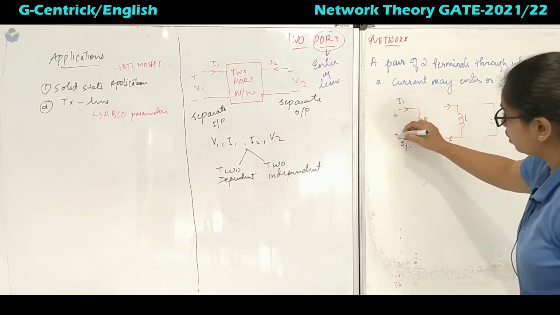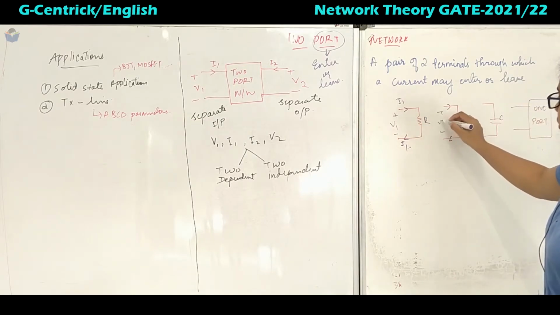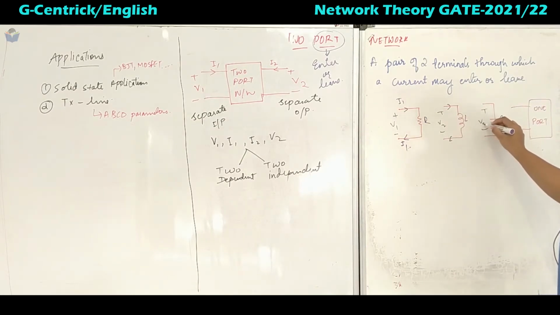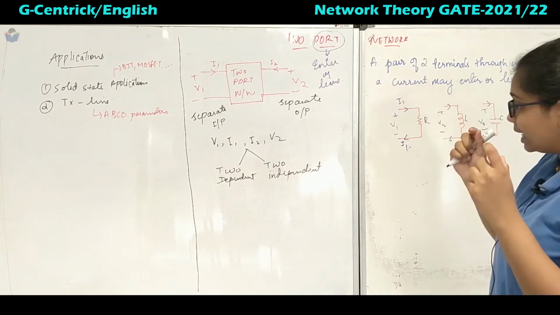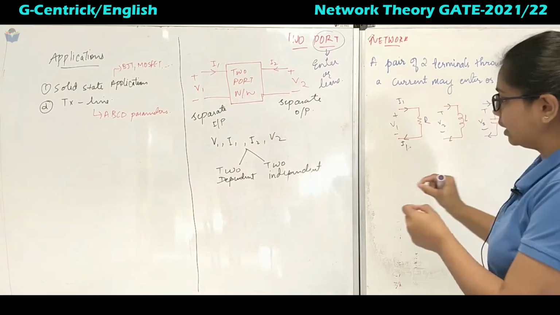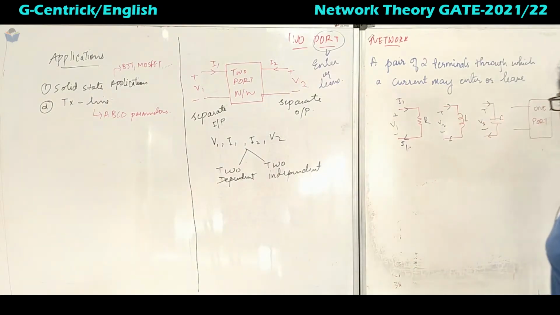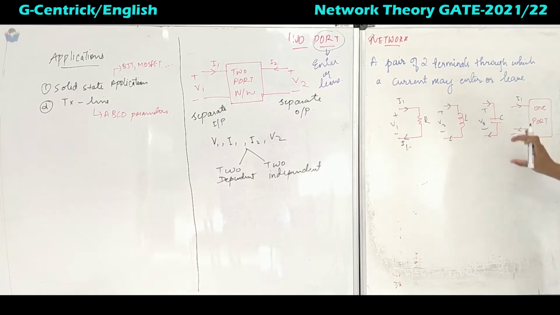If it is V1, we can take V2, V3. They will have only one port, one terminal to enter and to leave. So this is called one port. If current is entering here, the same current will leave through that terminal only. And the quantities also, we have got only one input and one output.